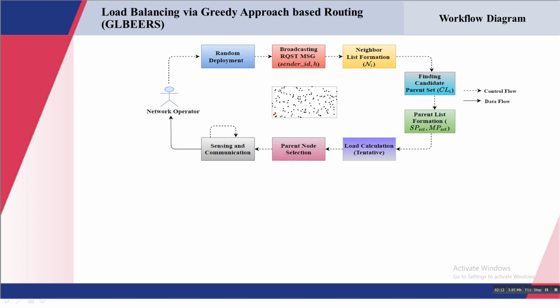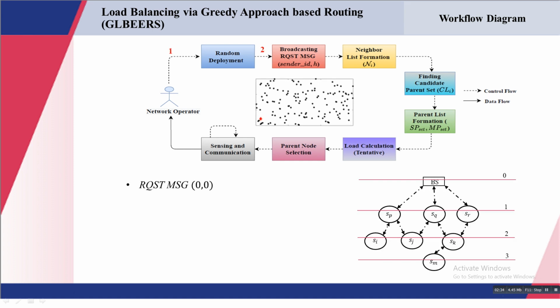Once all the nodes receive this request message, they form a neighbor list, denoted as Ni. Here in this figure we can see that for the kth sensor node, the neighbor list will contain the nodes Q, R and M.